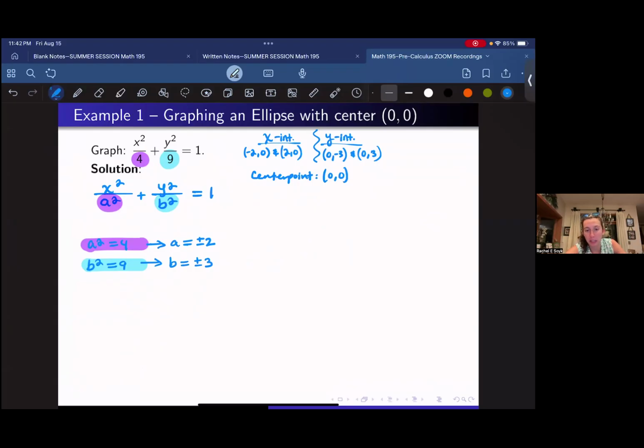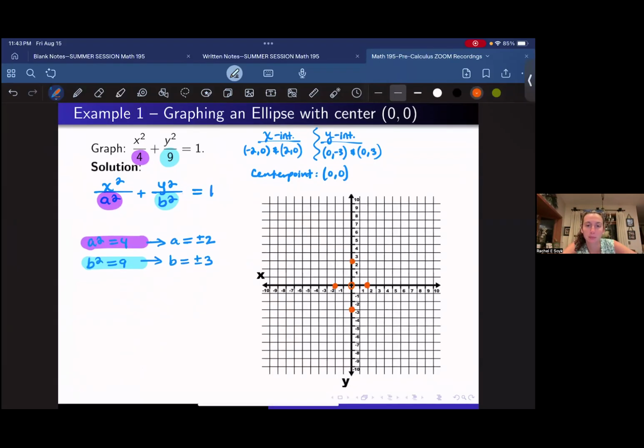Let me maybe bring a graph in for you. And so there you have it. I plotted my points on a graph that I brought in, and then we can go ahead and draw our ellipse. Try to make it look a little bit more accurate. There we go.